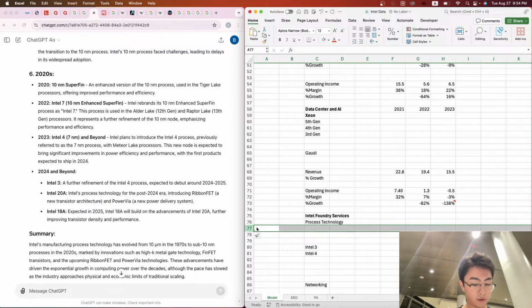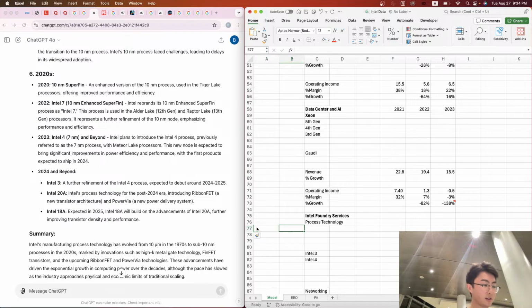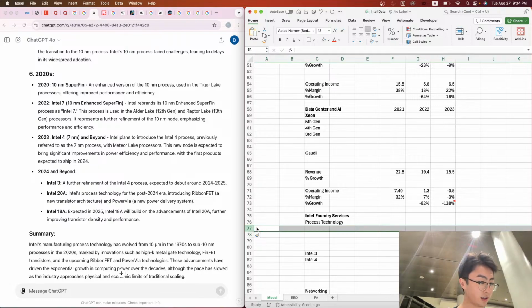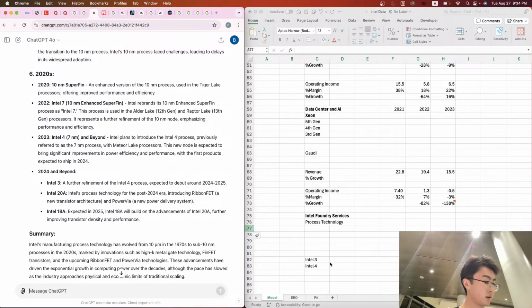Oh, control shift. Oh, okay, so I can select a cell, or I could select an entire row. I don't know how to delete a row though. I can only increase a row. Okay.